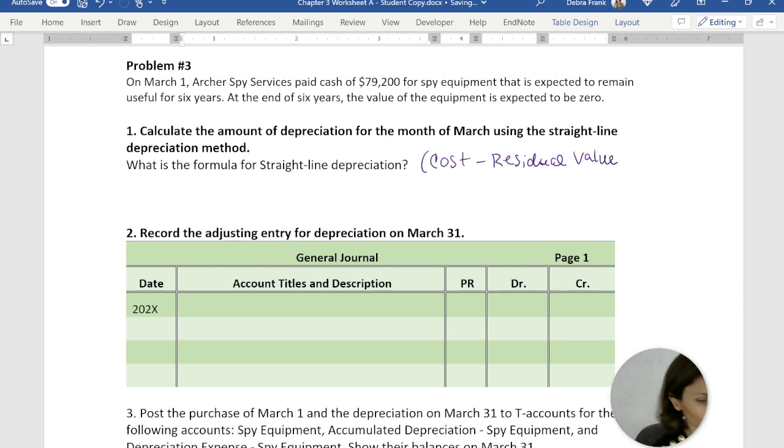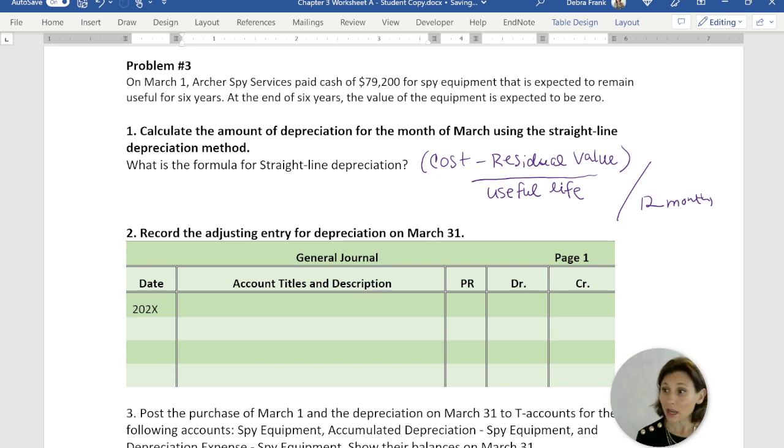So cost minus residual value, and we'll divide that by the useful life. In this case, it's 6 years. And then if you want to convert this to a monthly amount, so they're asking in this particular question for the month amount, then you would divide this by 12 months to get a monthly amount. Because that useful life is for a year, so then you would divide by 12 months to get a monthly amount.